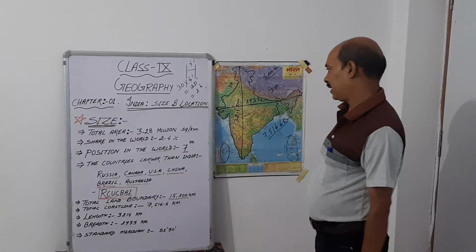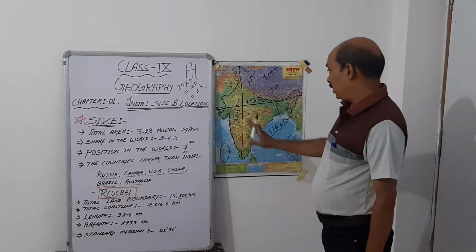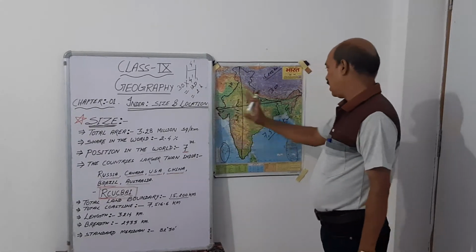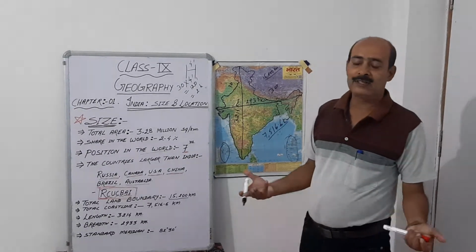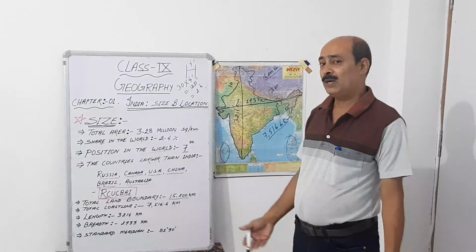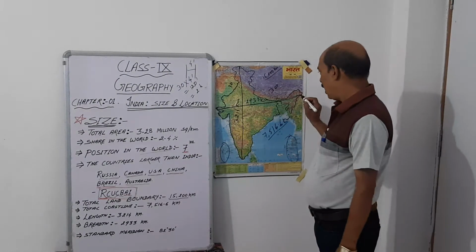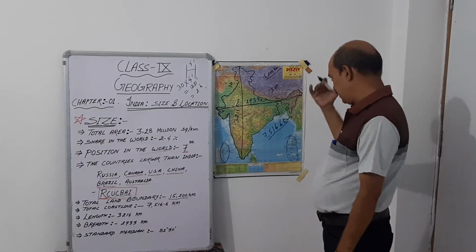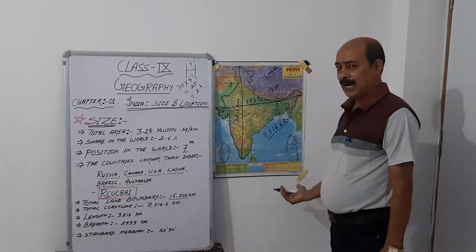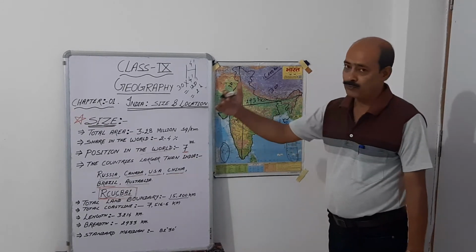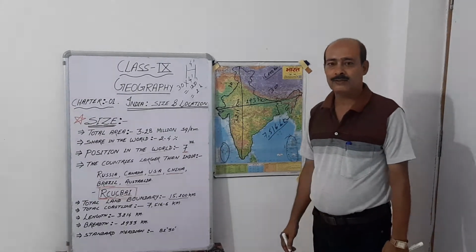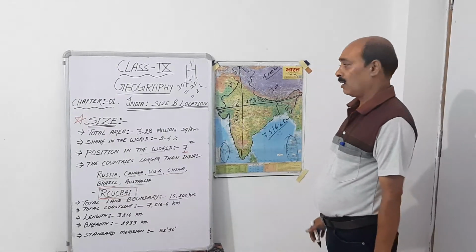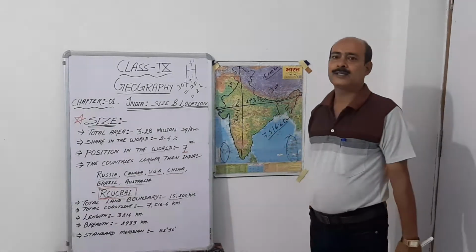So between Gujarat on the west and Arunachal Pradesh on the east, there is a time difference, a time lag. And you also know that in the eastern side, time is ahead of the western side, because sunrise is available first in the east.